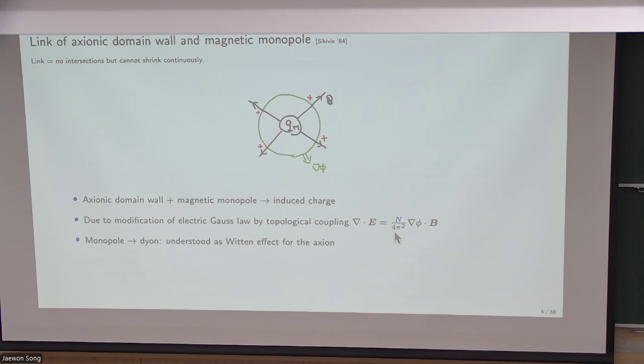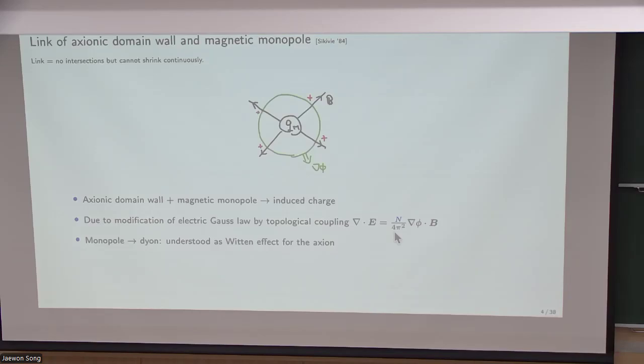For example, here there is a magnetic monopole, and there is a spherical domain wall. Then there are magnetic fluxes which intersect. I'm saying that the magnetic monopole has different electric charge in different vacua, because there are multiple vacua related by the axion shift.